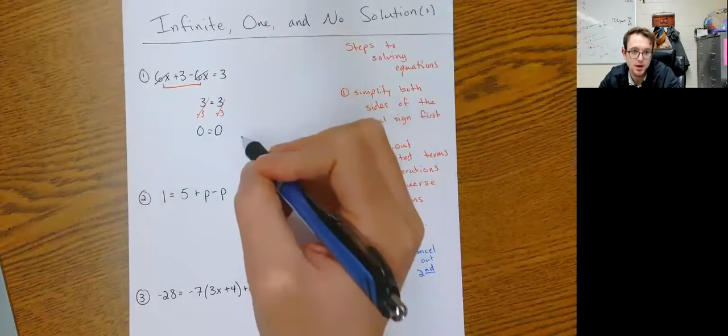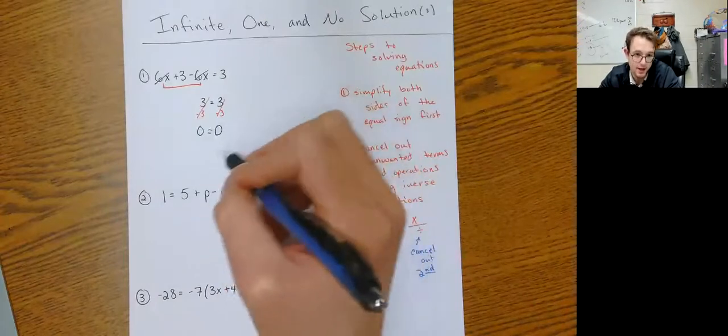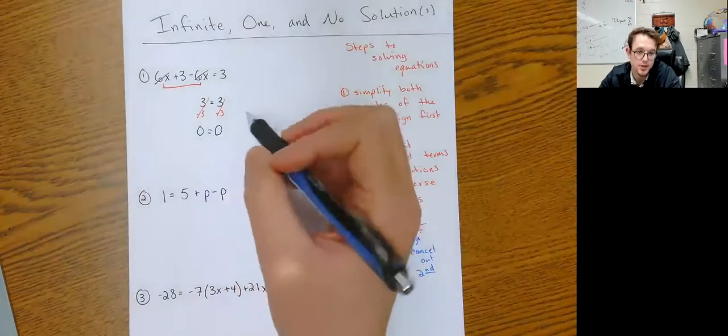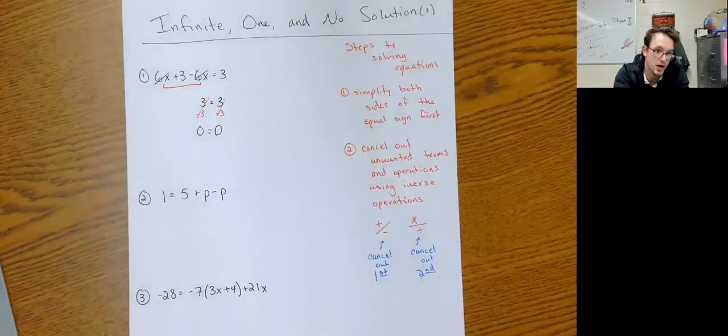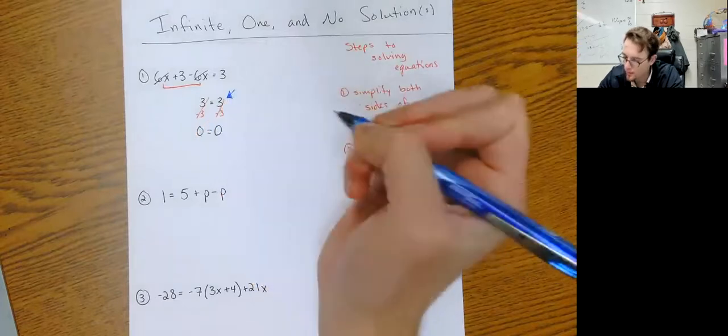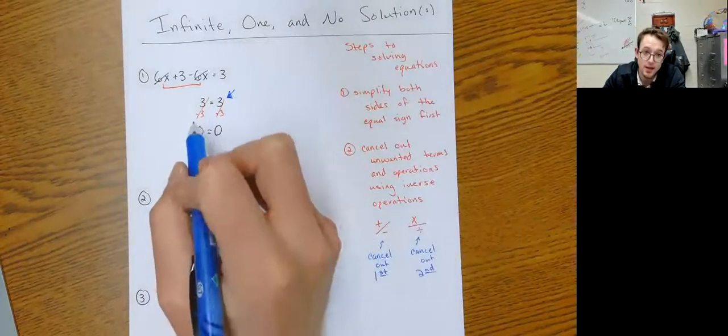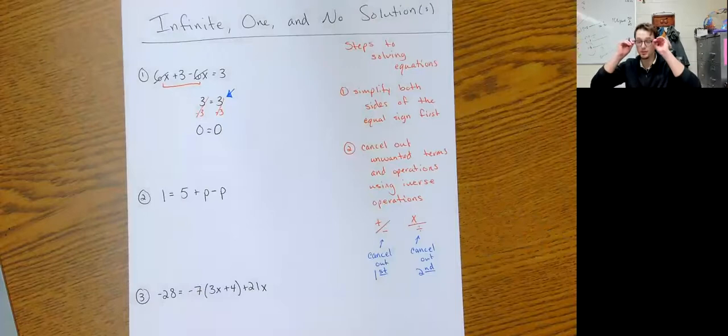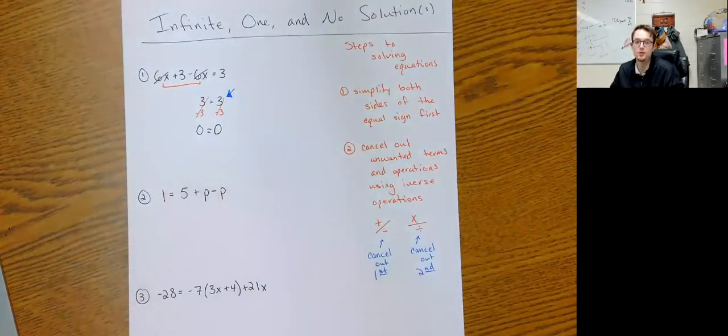You didn't even need to go this far. It stops there. You can't do anything else. But you didn't even need to go that far. You could have stopped right here. And what happens when you have the same thing equals the same thing, right? That's a true statement. 3 equals 3. Just like 0 equals 0. That is true.